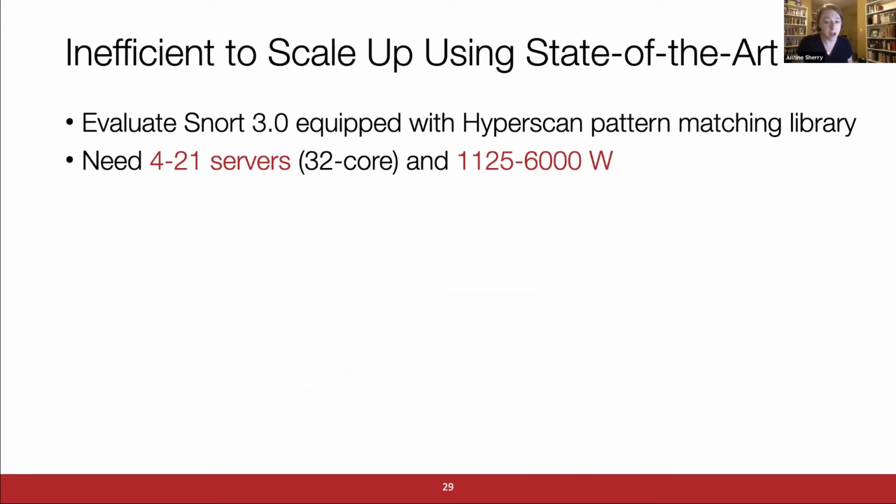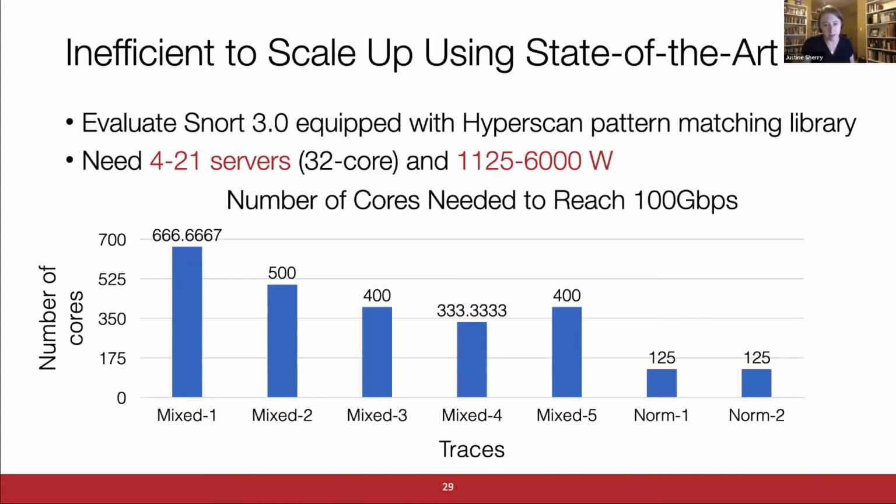To keep up with 100 gigabits per second using this state-of-the-art open source software system, we would have needed anywhere between 4 and 21 32-core servers and thousands of watts. What we're looking at here on the x-axis are different network traces, and on the y-axis is the number of cores that would have been required to keep up with 100 gigabits per second.